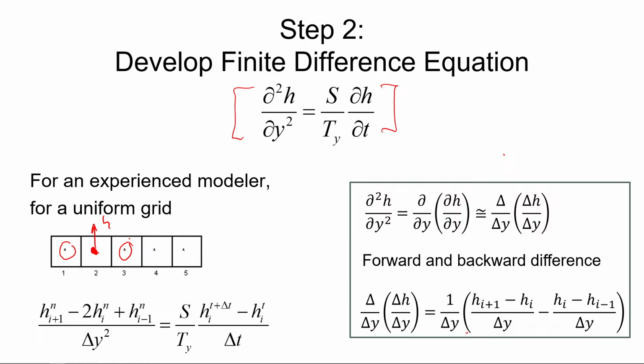So should I use the new value or the value at my previous time step? If I want to use the value at my previous time step, n will be equal to t. If I want to use the new value at the new time step, in that case n will be equal to t plus delta t. That's the meaning of this n here.